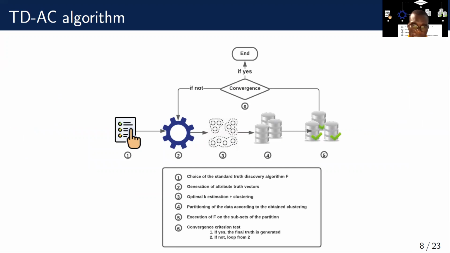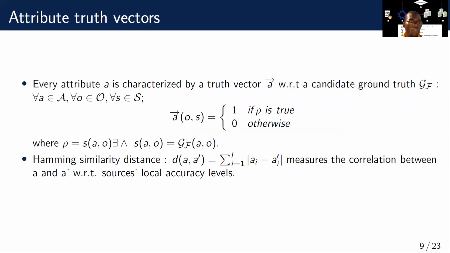Third, we make a clustering and estimate the optimal K. Fourth, we partition our data according to the clusters. Fifth, we execute our function on each subset of the partition. And at the end, we test our criterion, which is just to test the equality between 2 different ground truths, and go back to step 2 when we don't attain convergence.